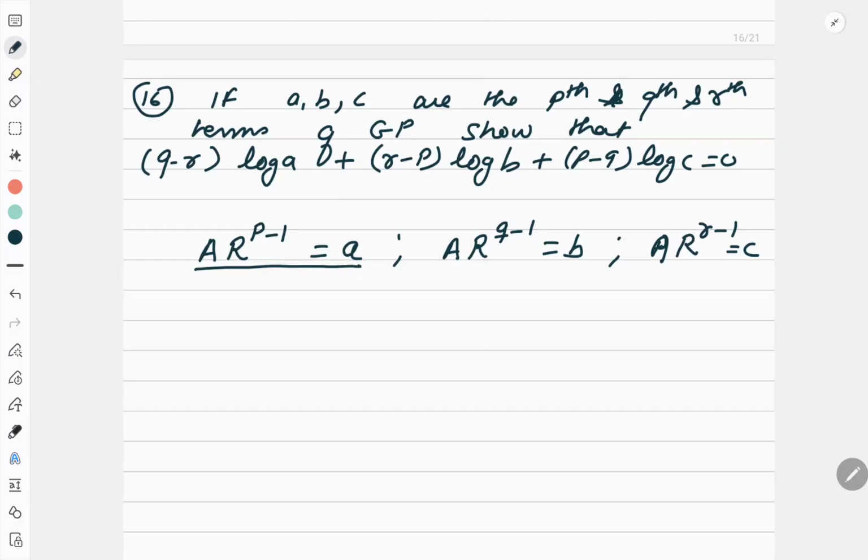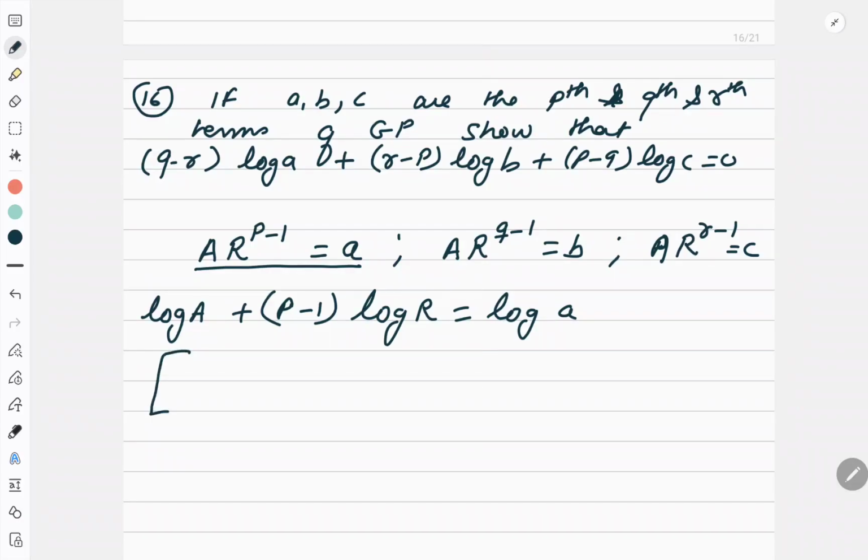If I take log on this side, what will I get? Log A plus p minus 1 log r is equal to log A. Now those who are confused about what exactly I did, let me tell you the properties of log. Log of the product of any two terms is equal to log m plus log n.